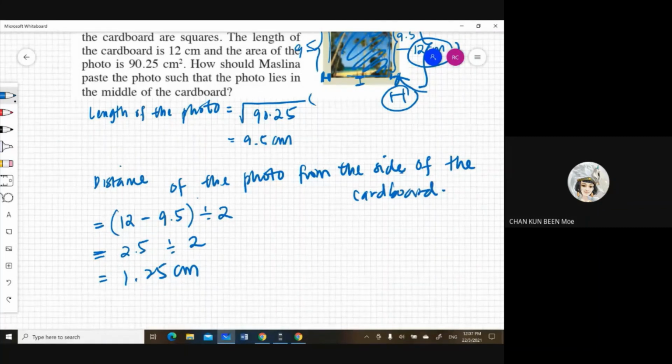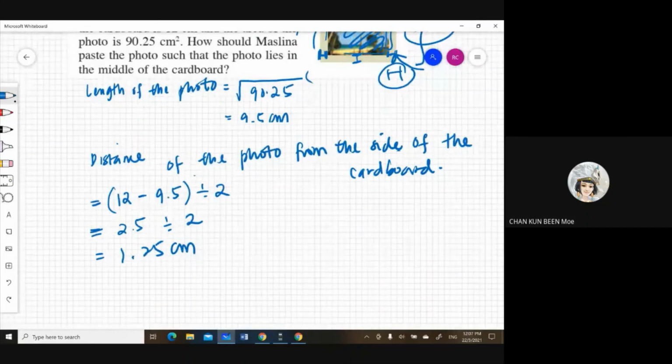Okay, so after that, you can see they give you the question: how should Maslina paste the photo such that the photo lies in the middle of the cupboard? So you need to answer the question according to what is given there.